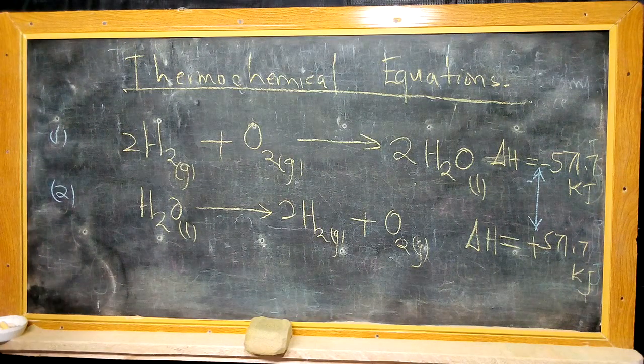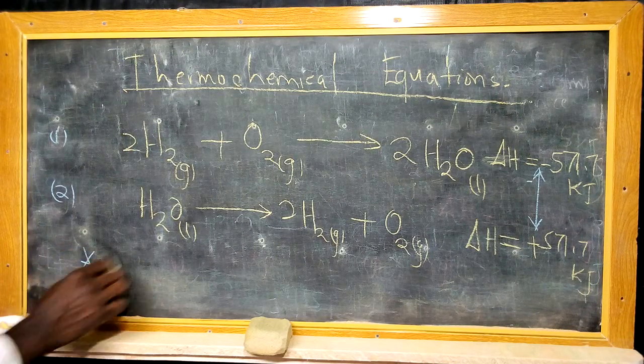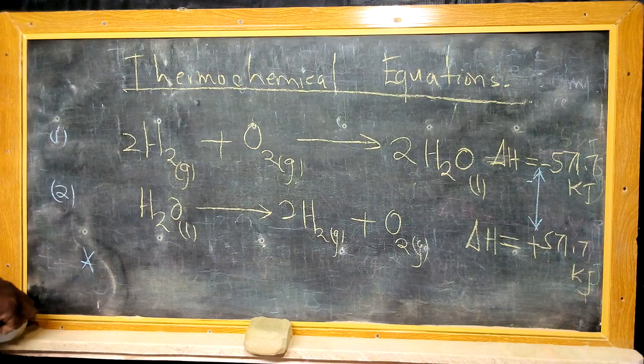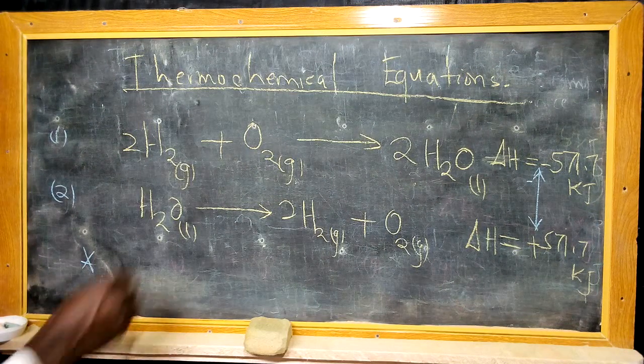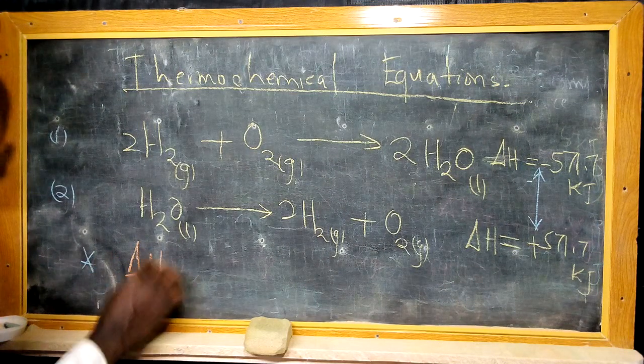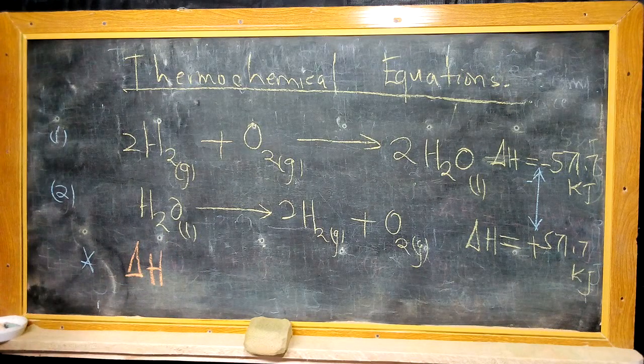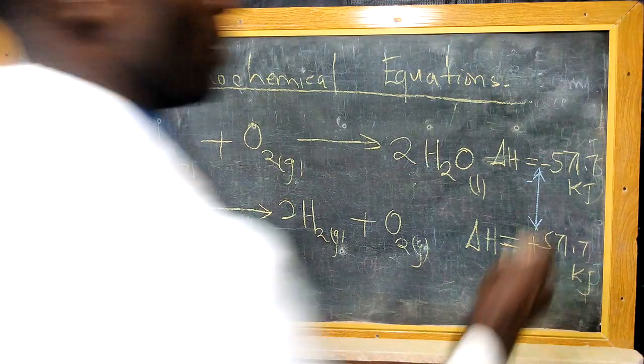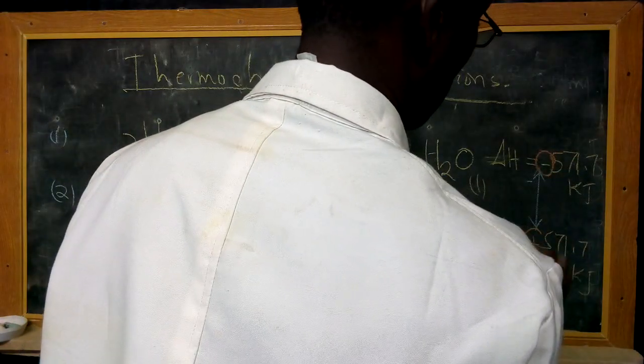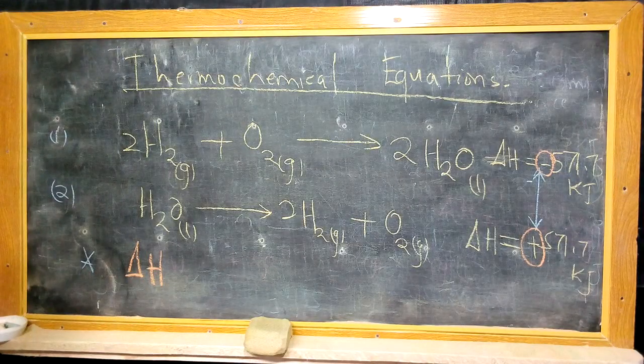So for that case, we shall have a rule that applies for these two scenarios that we have talked about, whereby when a thermochemical equation is reversed, the value of the heat of reaction, change in delta H, reverses the sign, which implies either an endothermic or exothermic reaction.